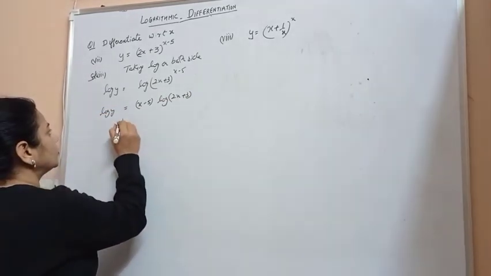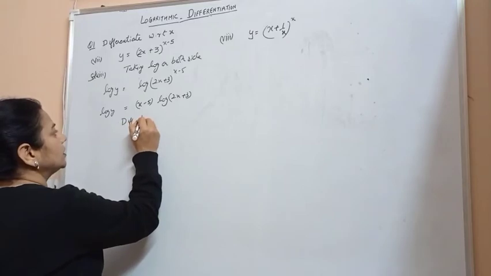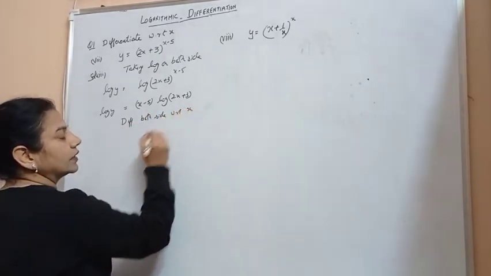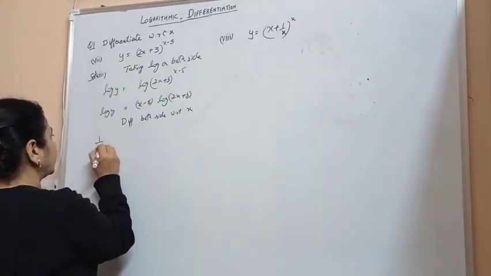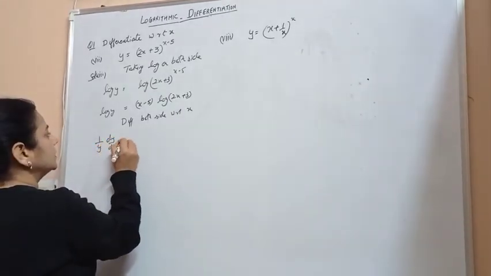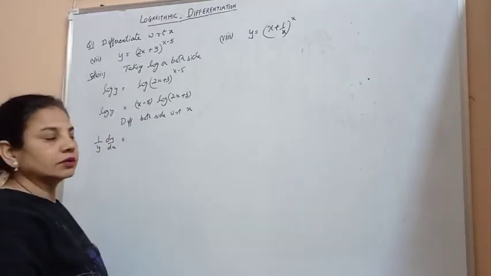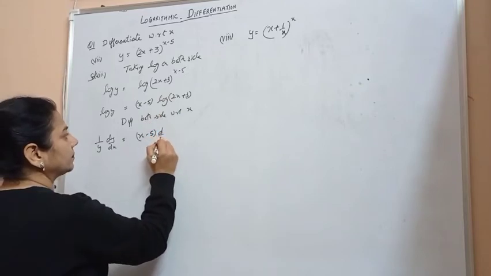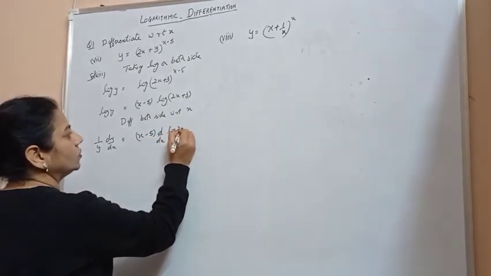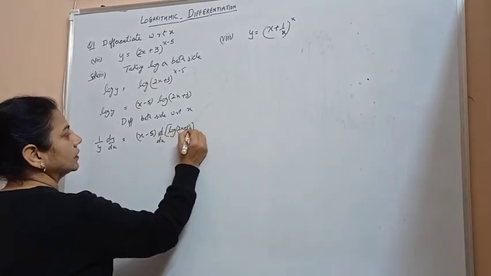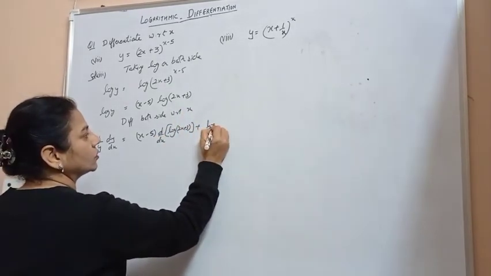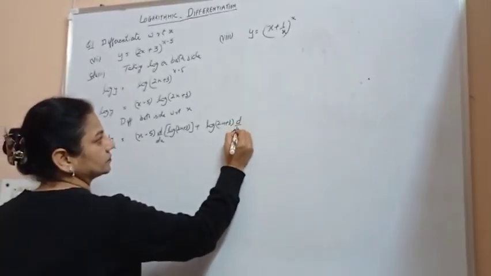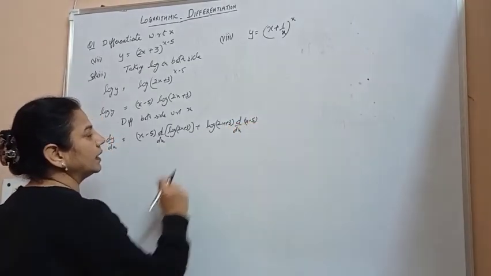Now differentiating both sides with respect to x, I get 1 upon y dy by dx is equal to, here I applied product rule. So first function into derivative of second function, log 2x plus 3, plus second function, log 2x plus 3, into derivative of first function. I applied product rule.